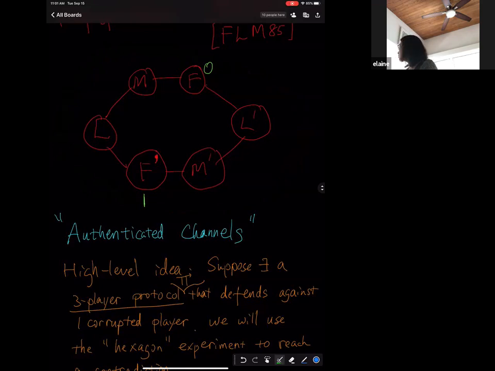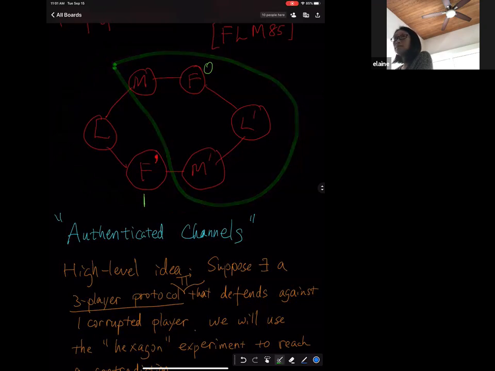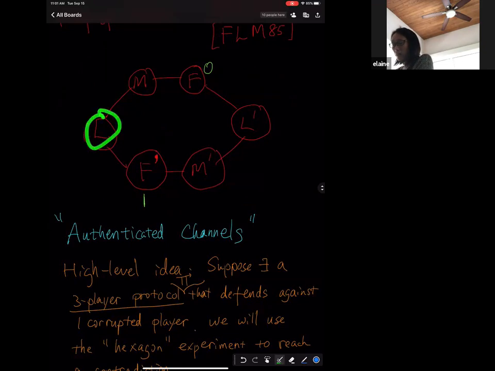So here, if M is corrupt, and if M controls M, F, L prime, M prime, then L probably should be forced to be 1. But we have F prime as a player instead of F. Is that allowed? That is also okay, because essentially all of these are running the honest program. The honest program is well defined. All these nodes are running the honest program.